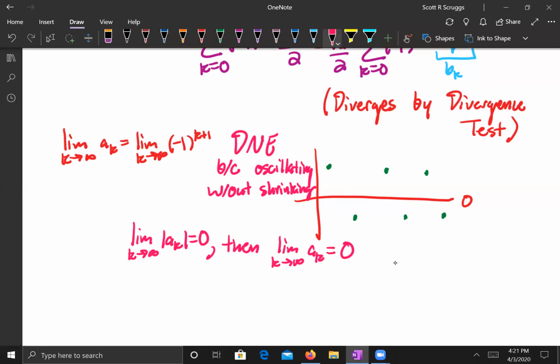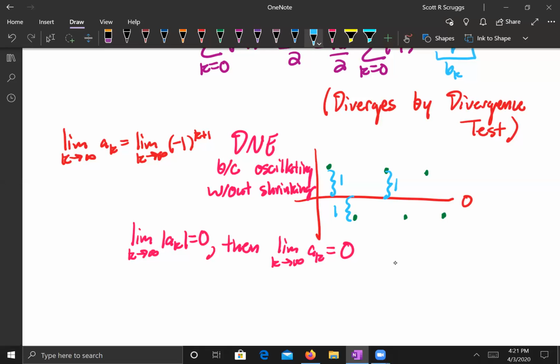So it does not exist here, mainly because it's oscillating, and the distance to the x-axis is not shrinking. Because I'm always a distance of 1 away from it.